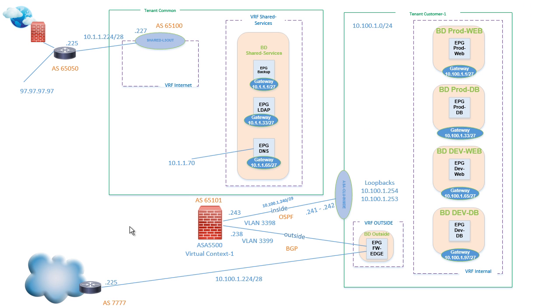All right, so basically what we have done is we built out tenant common, we built out a customer 1 tenant, and this design for that customer can be replicated to more than one customer, obviously, right? What we can do is spin up virtual firewall instances or virtual contexts and allocate that virtual firewall context to each customer.